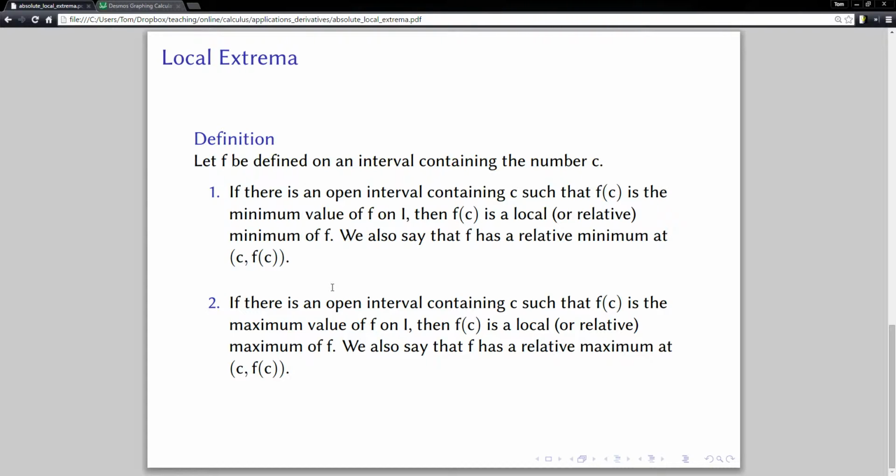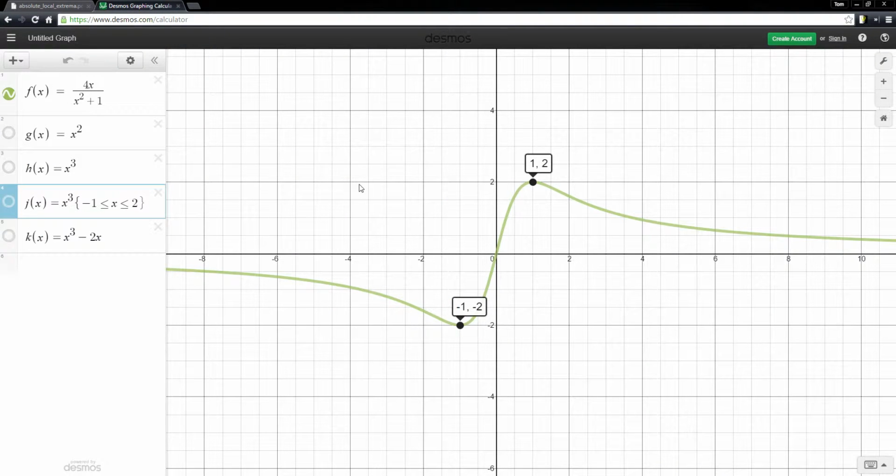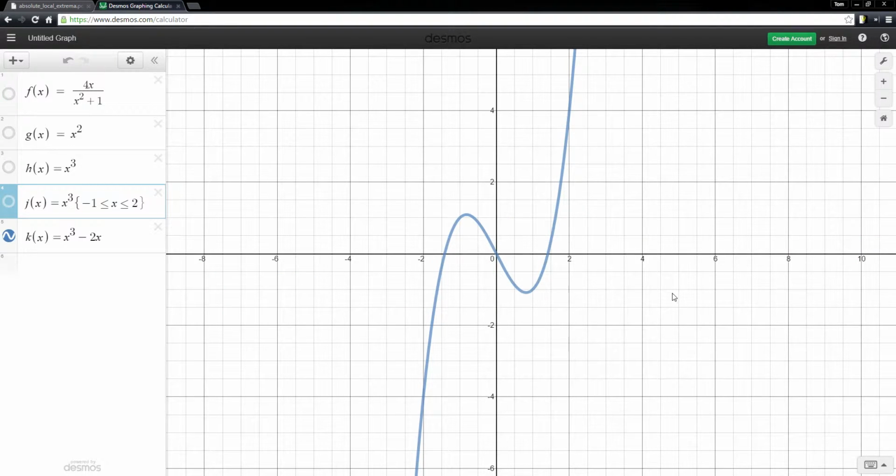So let's take a look at the graph again, and at what the idea of a local max and a local min is. Let's look at this one first. Right here, if I take a look at this point, this is not the absolute max. There are way higher points up on the graph right here.